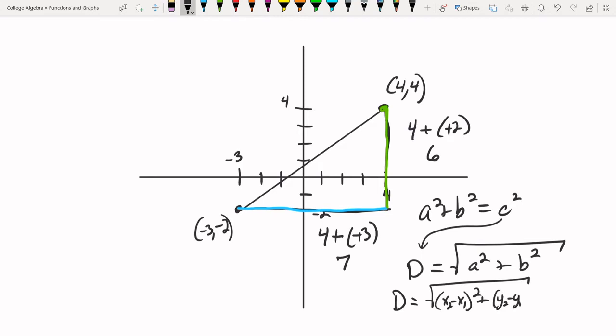y2 minus y1 squared. I should say that it doesn't really matter which way you subtract it. We could say, for instance, these y values here, we could say -2 minus 4. This gives us -6. This doesn't actually mean anything for our problem because distances can never be negative.